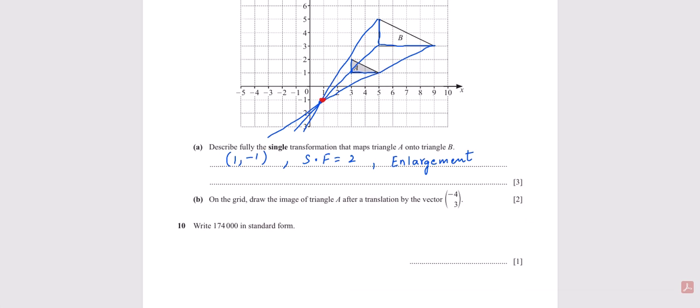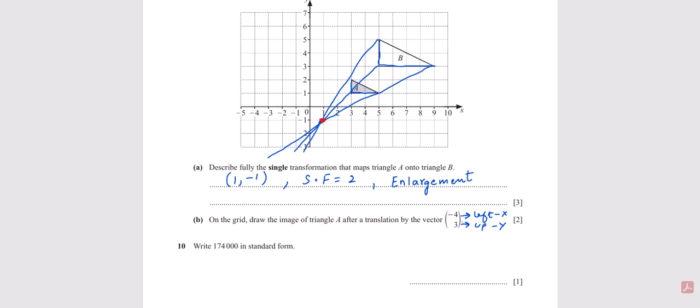Okay, and now on the grid draw the image of triangle A after a translation by the vector (-4, 3). -4 means left on the x-axis, and +3 means up on the y-axis. So move four boxes in the direction of x to the left side.